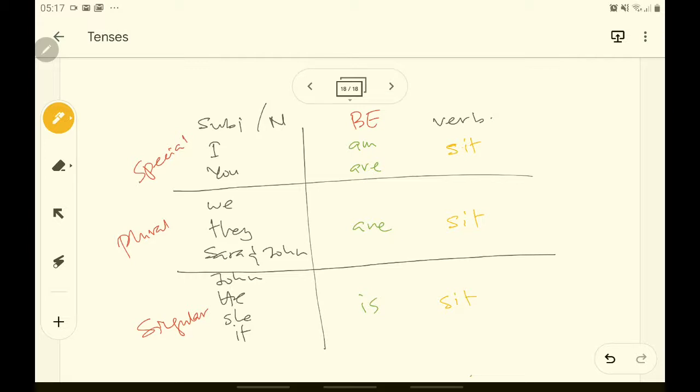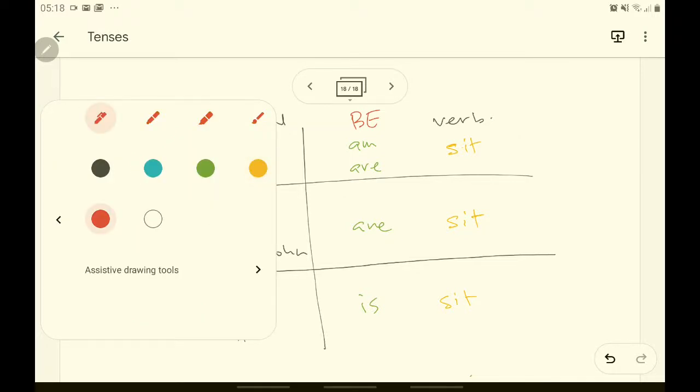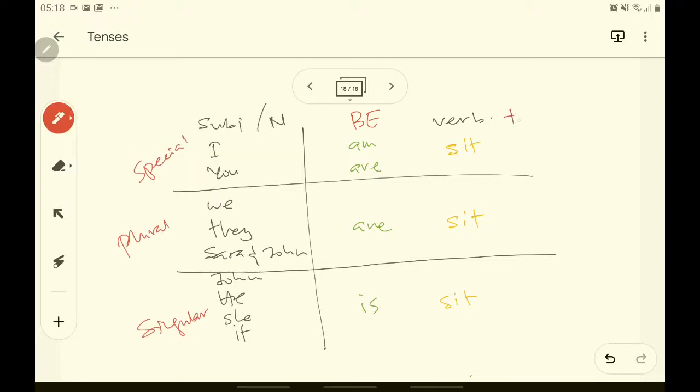Sit. Does it sound correct to you? No, right? Because we know that after am, are, or is, you have to make some addition. So verb plus ing. So I am sitting.